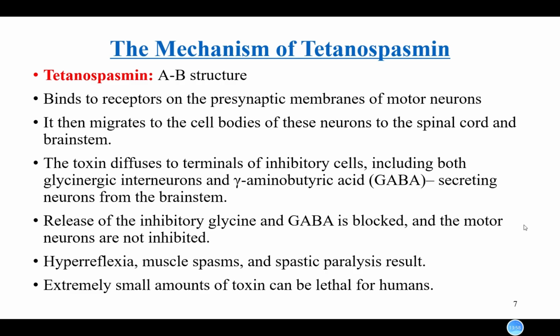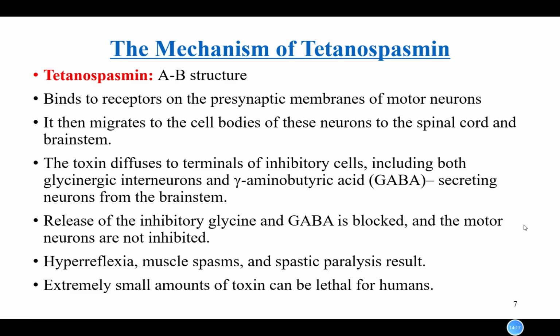In the inhibitory neuron, the toxin is actually a peptidase, which can degrade protein molecules, degrade peptides, so that this tetanospasmin can degrade the SNARE protein on the vesicle.